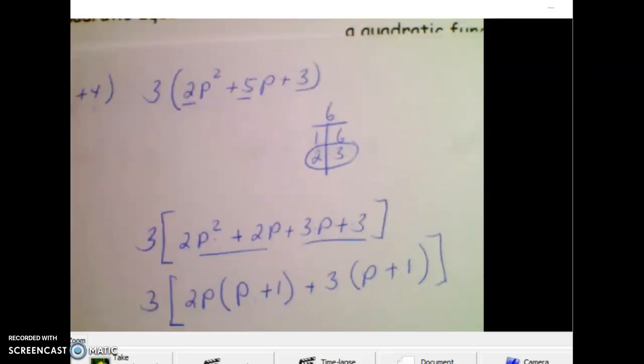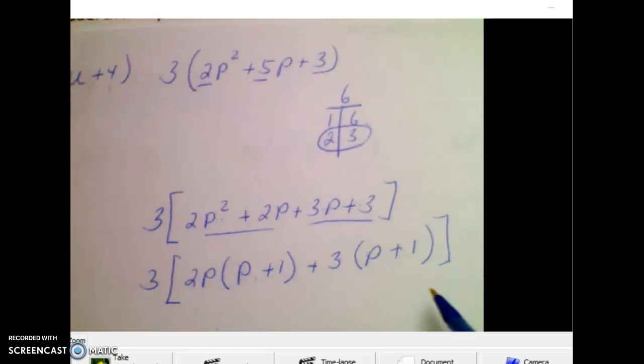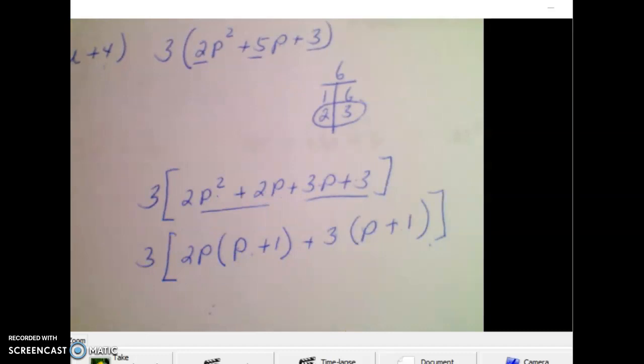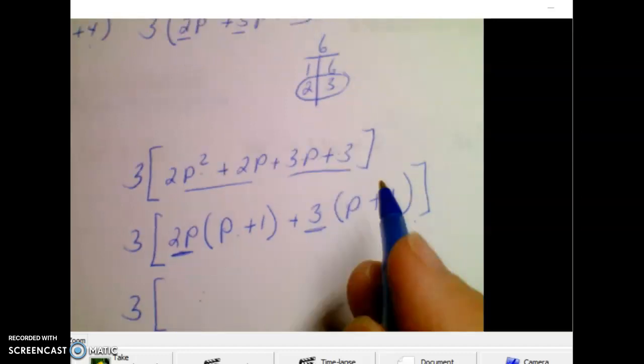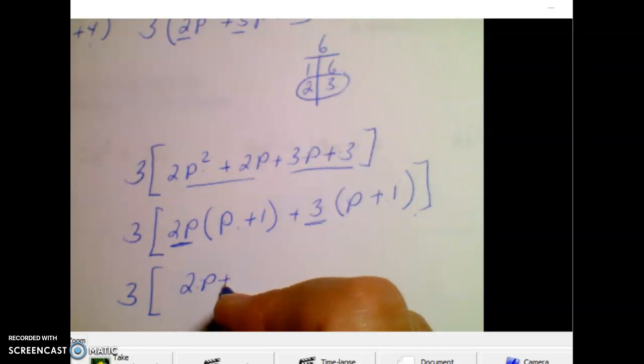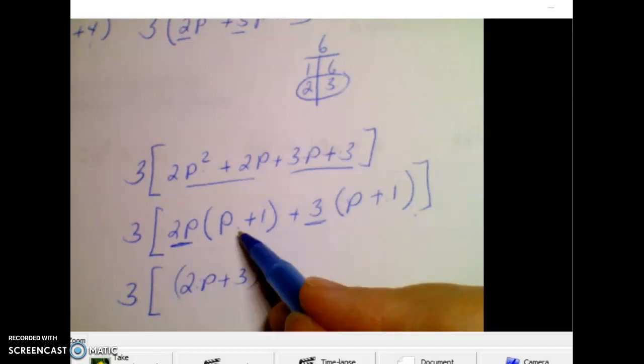Okay, whoops, I went right off the edge, so sorry. And now I'm going to group them together. So I still have my 3 on the outside. I'm not changing that. I have this 2p here, and I have the 3 there. And I group them together, 2p plus 3. And both of these are multiplying p plus 1.